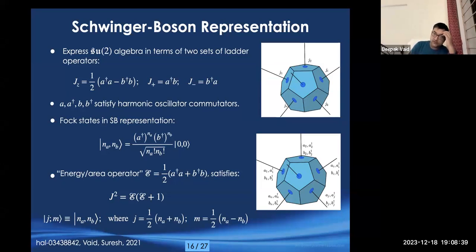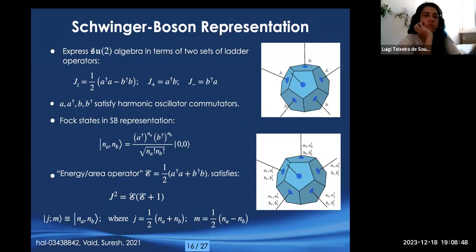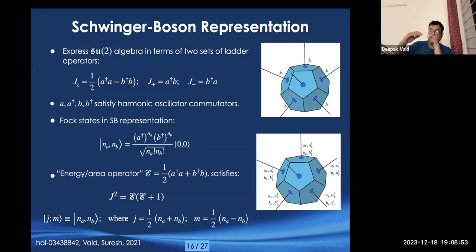And then each time you act on this vacuum with this j plus operator, you go up by one step. But you cannot go beyond m is equal to plus j. The number of states in the spectrum of the oscillator is finite. Not oscillator, sorry, of the rotor is finite.